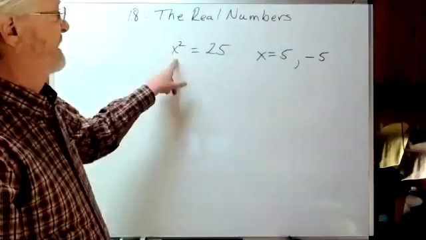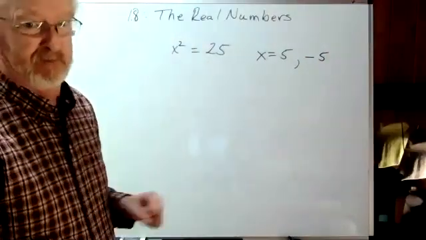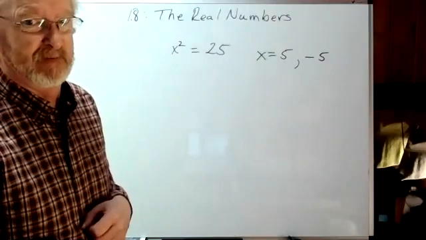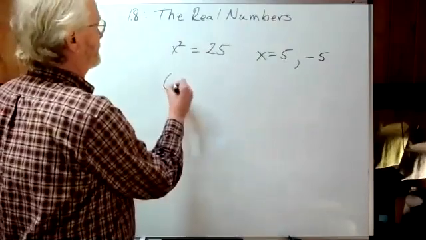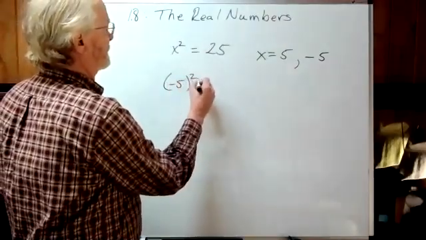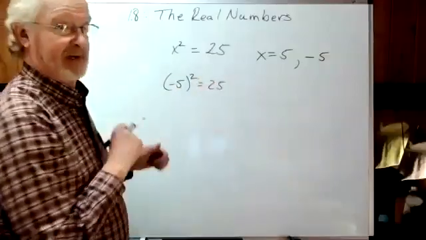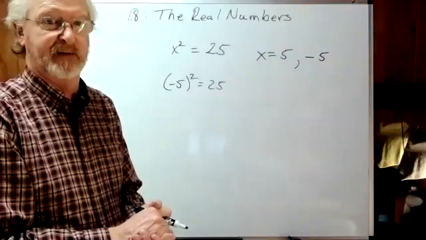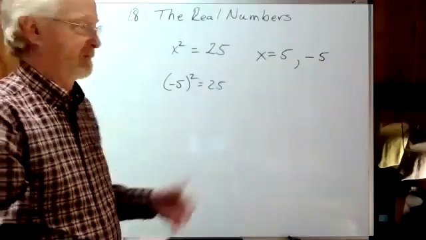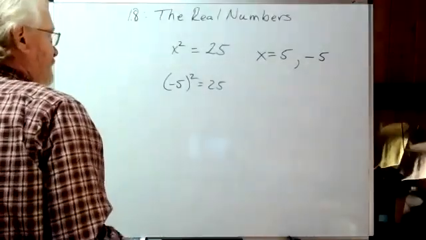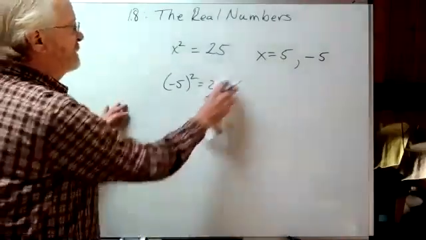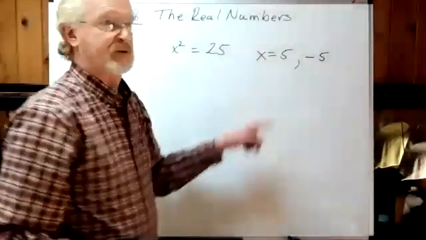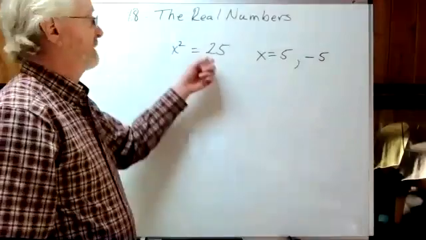Because negative times negative would also be positive 25. You buy that, right? We've been just talking about that kind of thing a lot lately. Squaring the negative turns positive. So the point here is there are 2 numbers I can square and get 25.